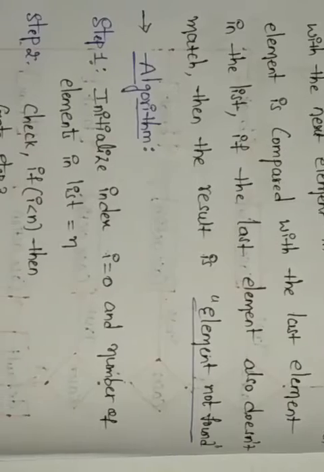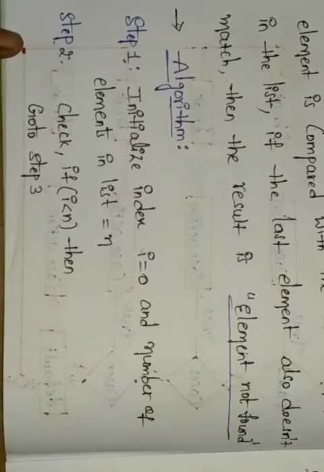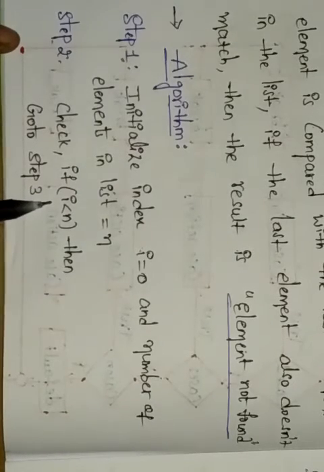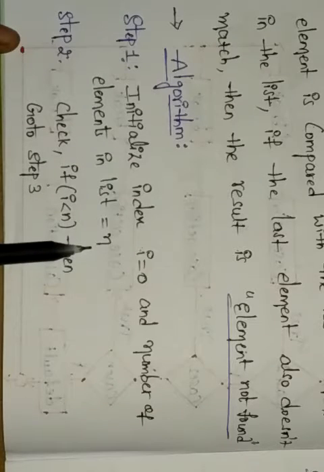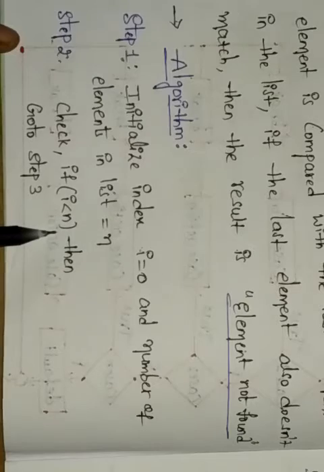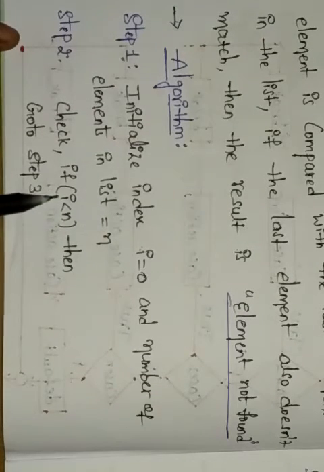Next, we have step 2. Check if i is less than n. Suppose we choose n as 1. Then 0 less than 1 is yes, because 1 is the larger value.